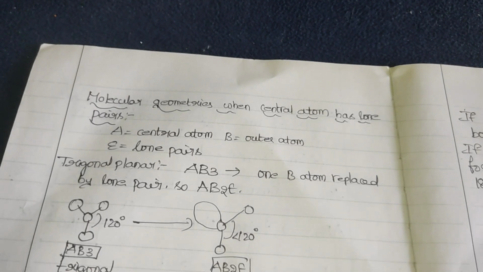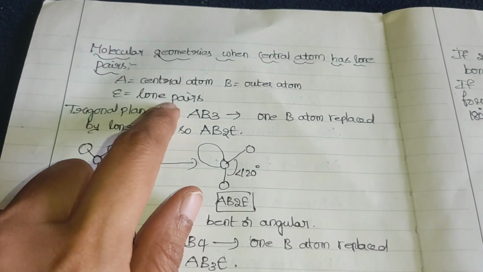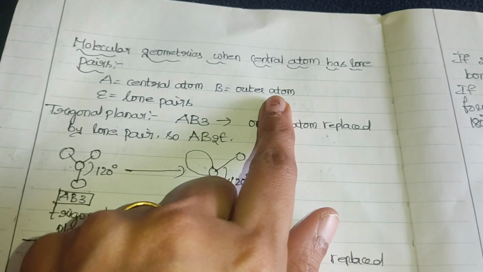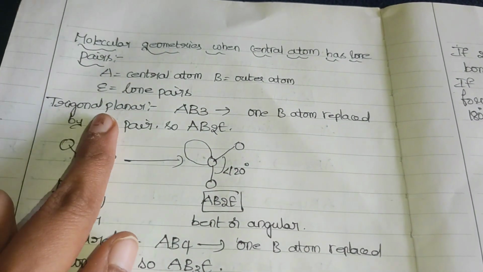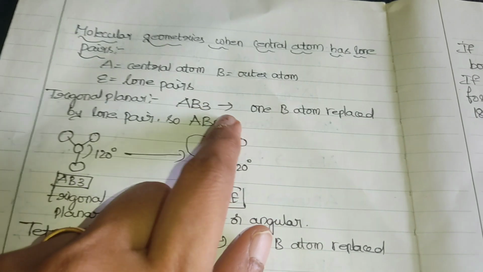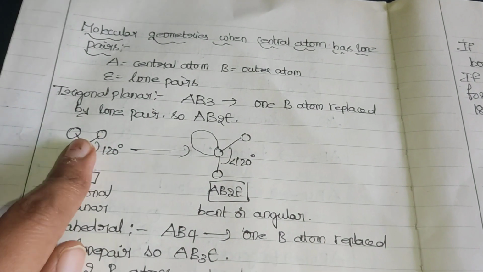For example, we will see molecular geometry when the central atom has lone pairs also. A is the central atom, B is the outer atom, and E are the lone pairs. Let's see first AB3. We know it has a trigonal planar shape and 120 degrees.